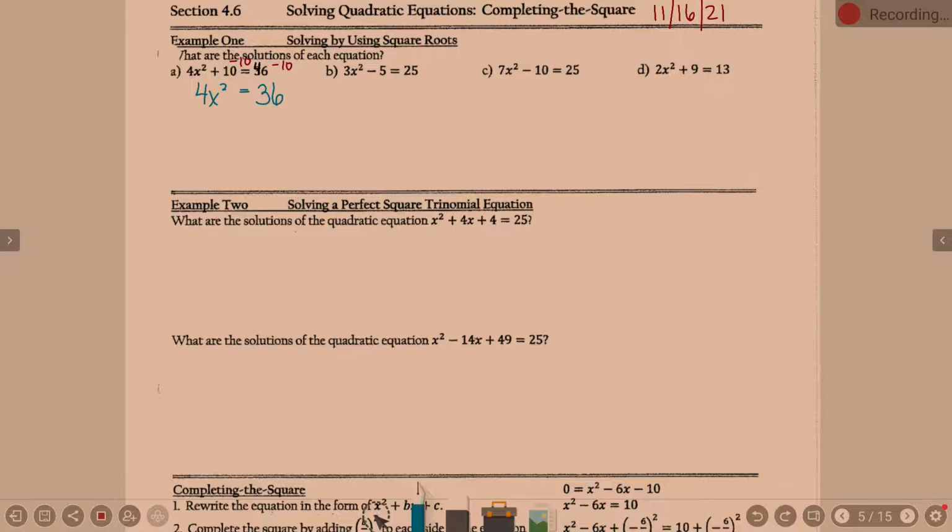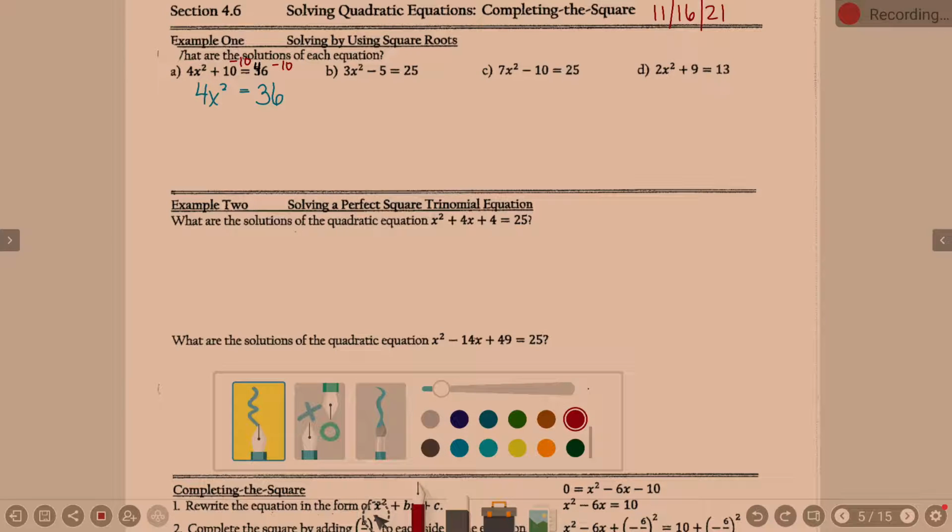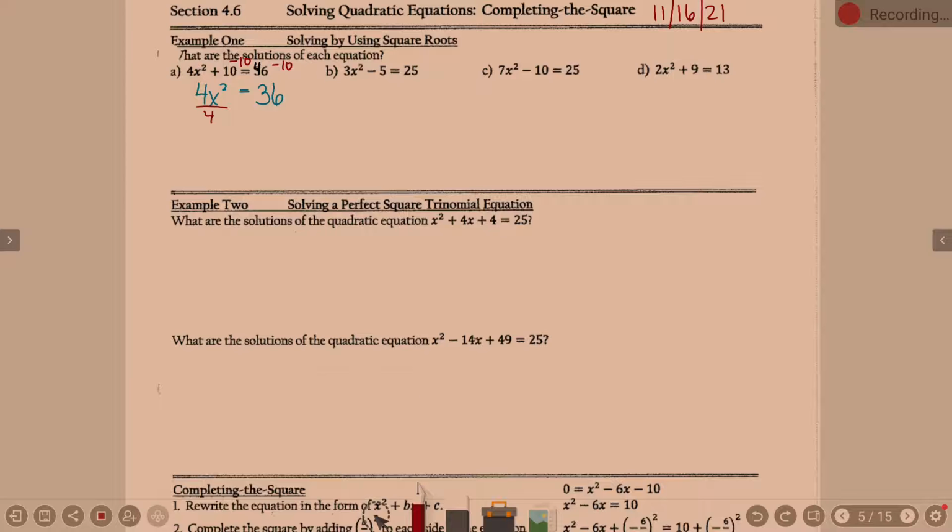No. Getting there. We have the 4x squared term by itself, but how do you get x squared totally by itself? If it's 4 times x squared, we're going to divide by 4. If we divide the left by 4, dividing the right by 4, 4x squared divided by 4 is x squared. 36 divided by 4 is 9.